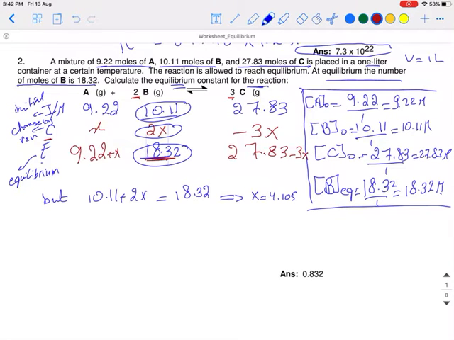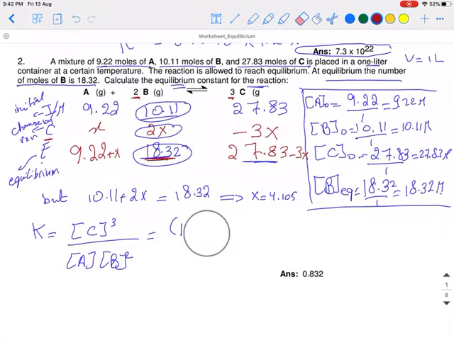Now let me write the equilibrium constant. K equal, according to this reaction, it's C to power of 3 over A into B square. The concentration of C is 27.83 minus 3 times X, which is 15 point. Let me write it for you first of all in details.